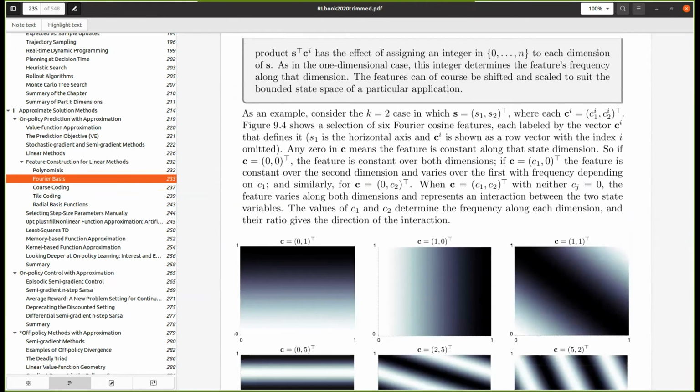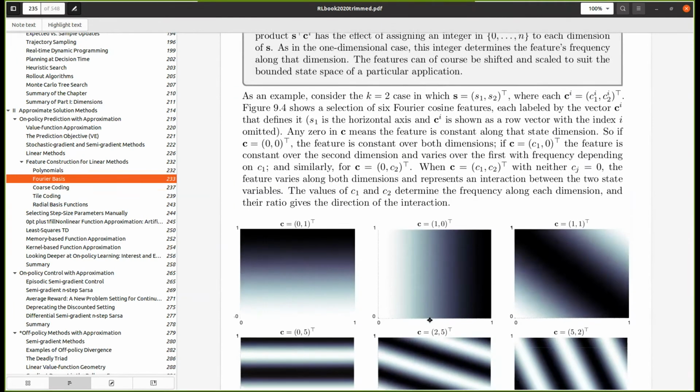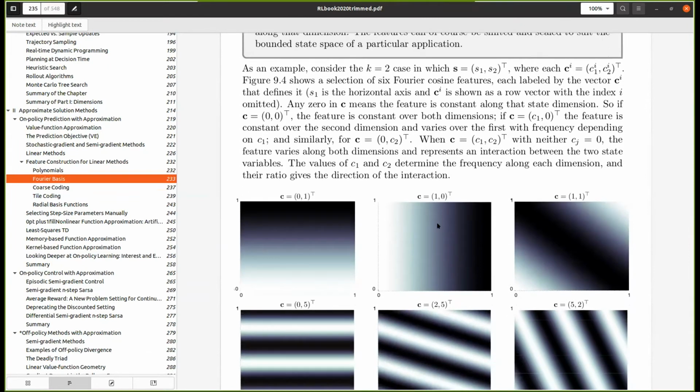And here you can see what features it will produce when you extend it to the two-dimensional case, right?